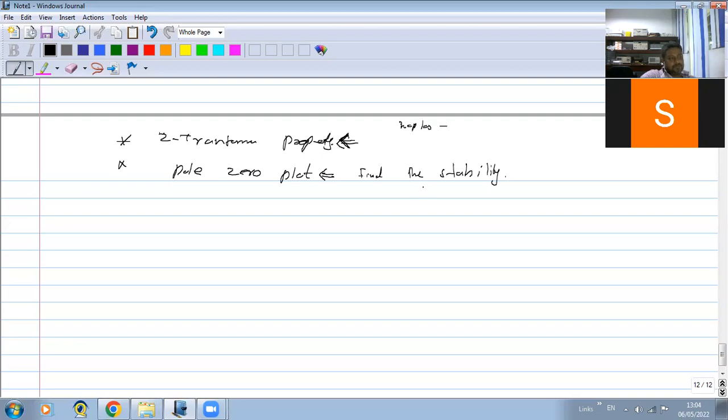Using the pole zero plot, we can also get an idea about the stability of a discrete time system, by observing the location of poles and zeros. So I will try to record these two parts and upload it.